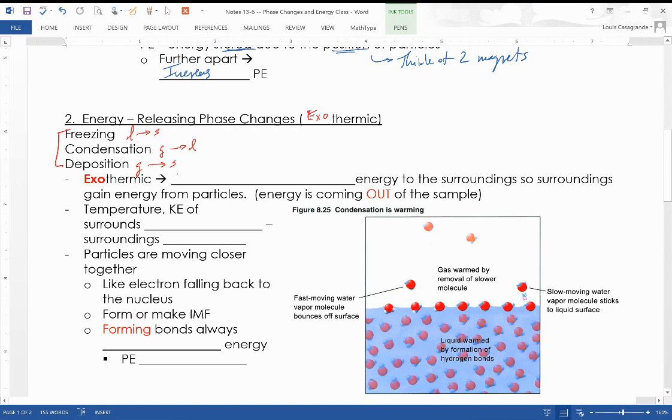They're going to warm the surroundings, and they're going to release energy from the system into the surroundings. So it goes into the surroundings, and the surroundings are going to gain the energy.